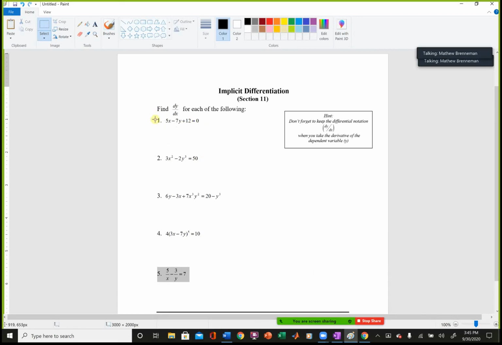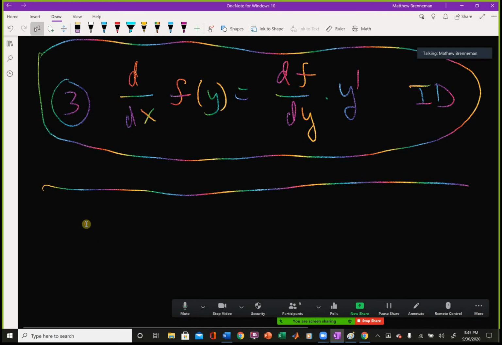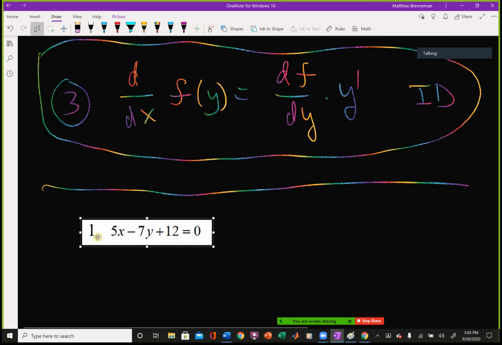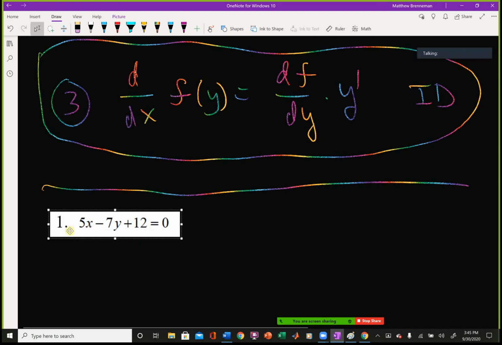All right? And they're going to go, generally speaking, in order of increasing difficulty. This is our first problem. So we're always going to be taking the derivative with respect to x here. All right?